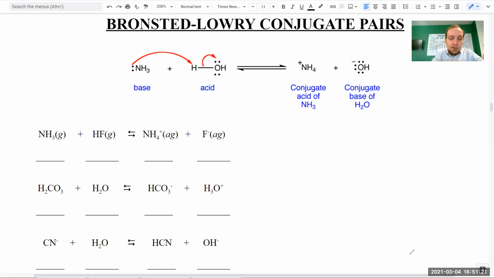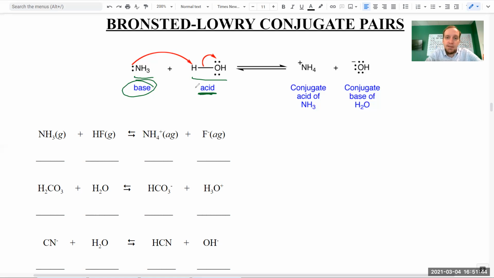So what we have here, again, you guys should recognize NH3, that's ammonia. It's your window cleaner, and it is a weak base. Here we have water. Well, water can behave either as an acid or a base. So we don't really know what it is, but in this case, we do know how it's going to behave because we have a base. Therefore, this must act like an acid. Why?